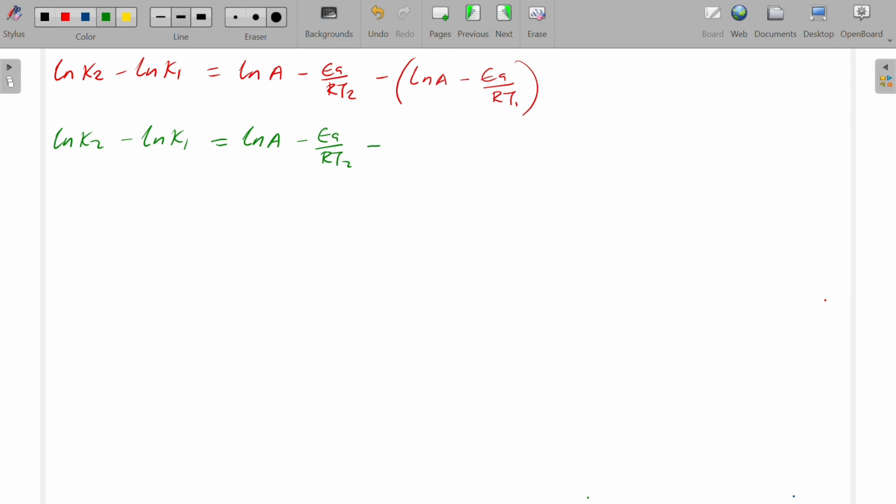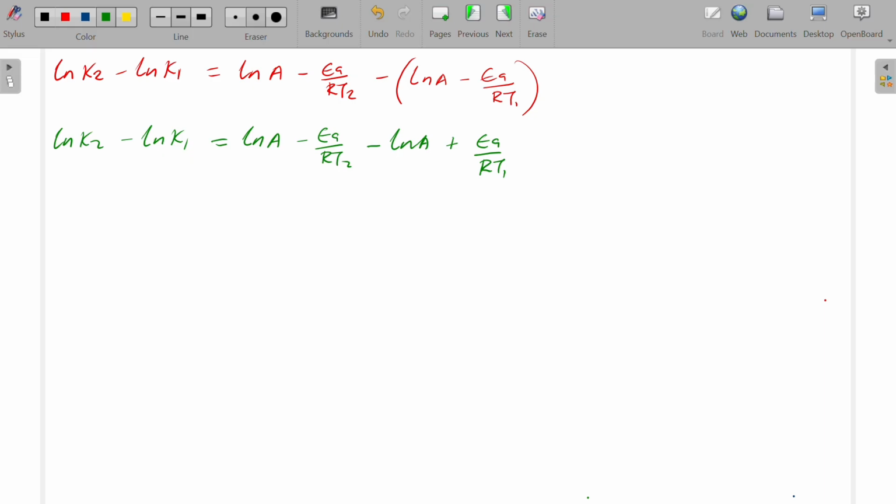That is being subtracted by natural log of A, and this will be added. Remember, when we multiply this negative by that negative, we're going to get a positive. So that will be added to activation energy over RT1 on the other side there.